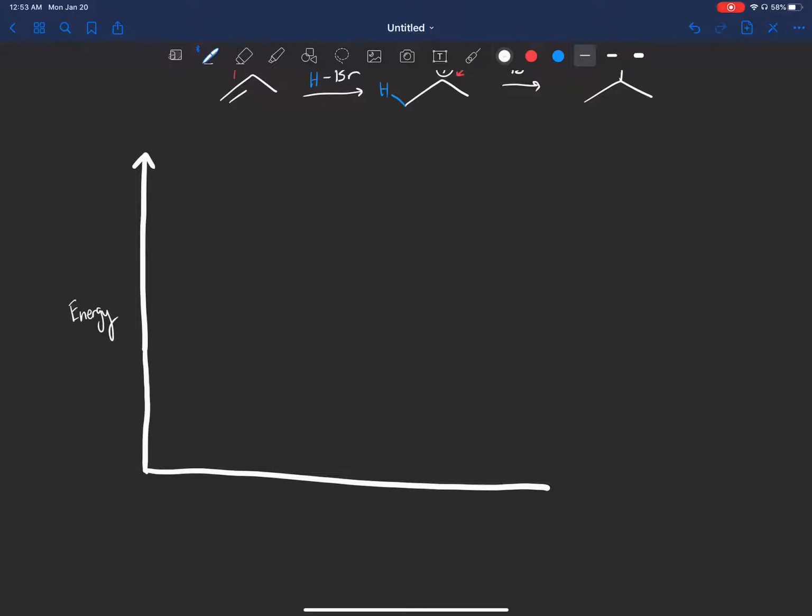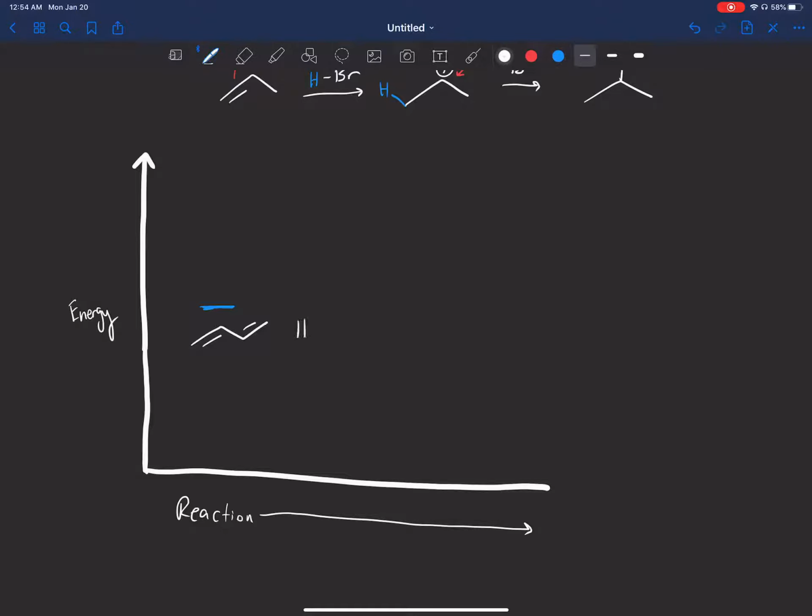Again, remember we're dealing with a diene. This is the reaction progress, so as we move to the right, the reaction is continuing. Here's our diene, and here's its spot on the energy diagram, in blue.